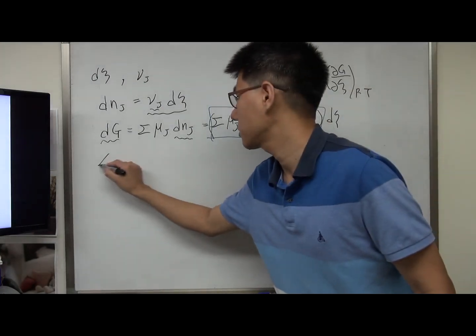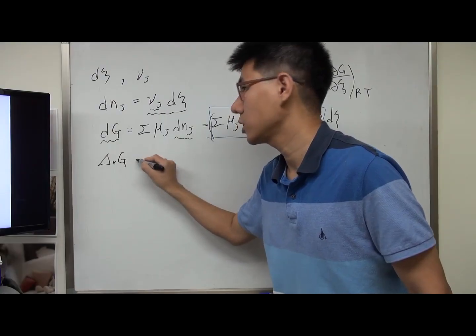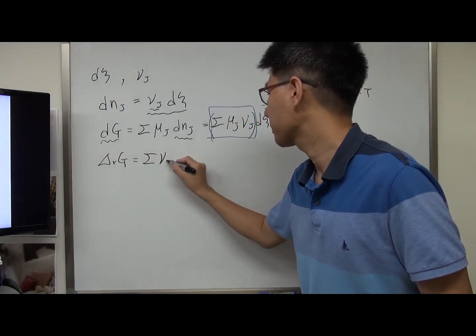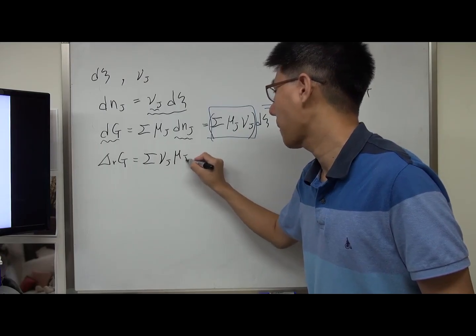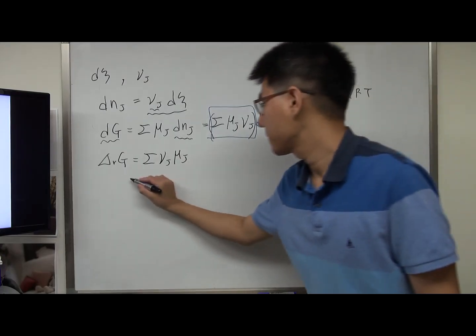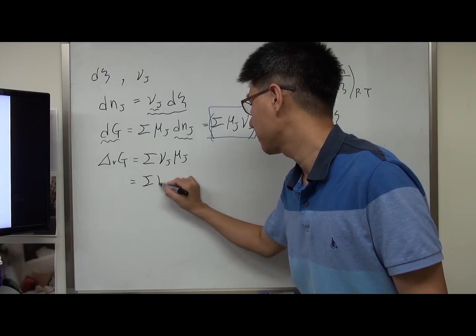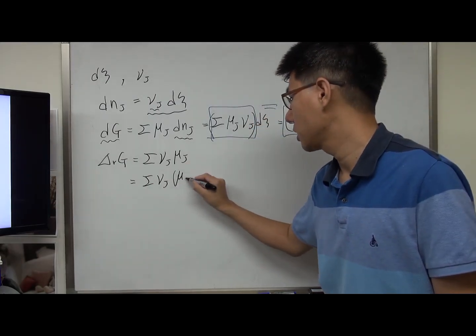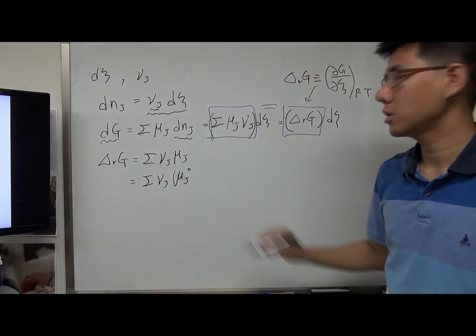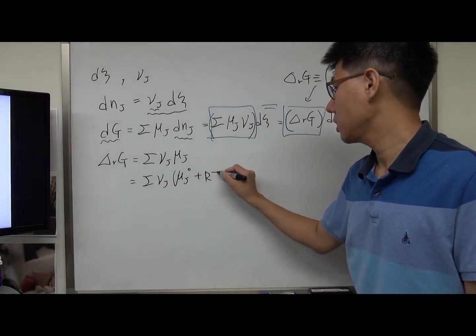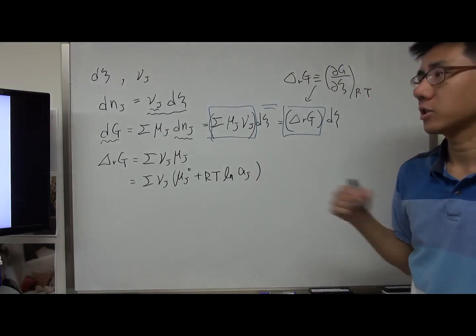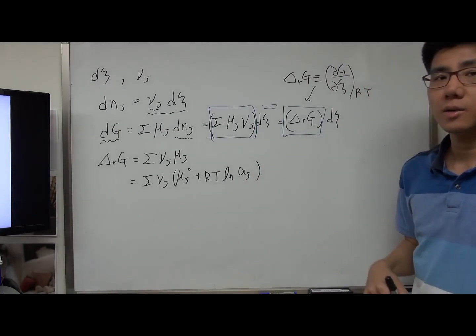So the reaction Gibbs energy delta G is equal to sigma nu j mu j, and by definition, the chemical potential can be represented as the chemical potential at standard pressure plus RT ln a_j for the general expression, where a is the activity.